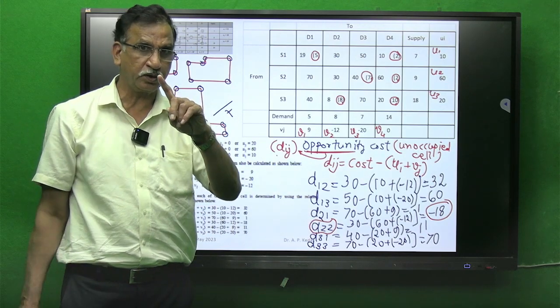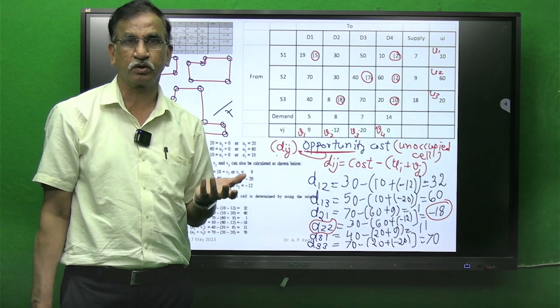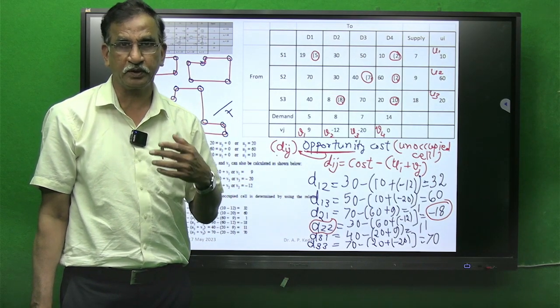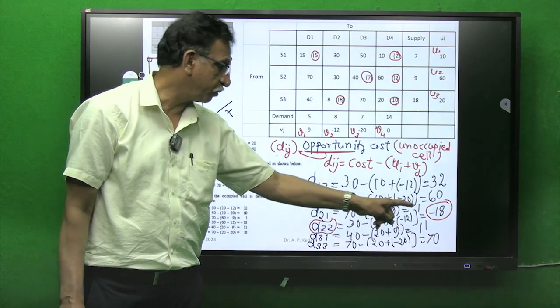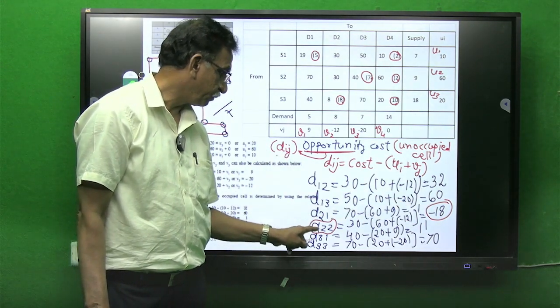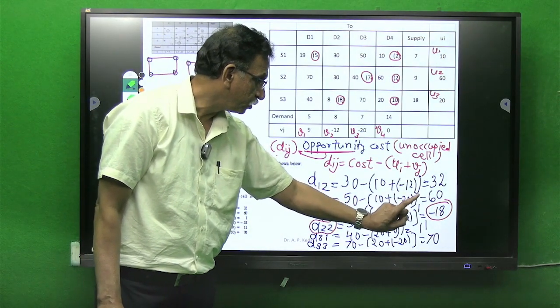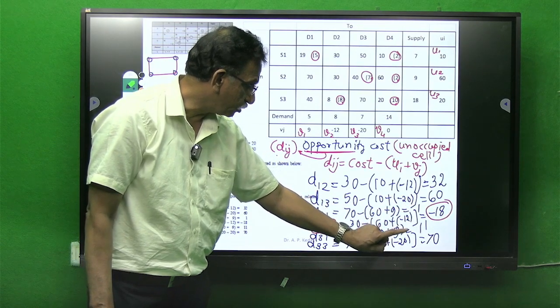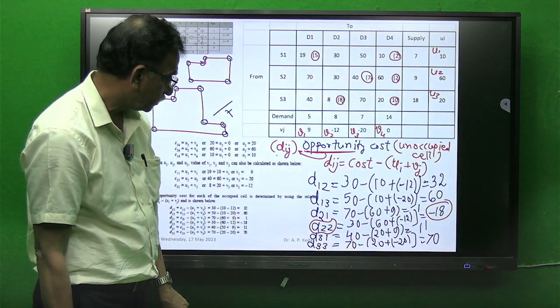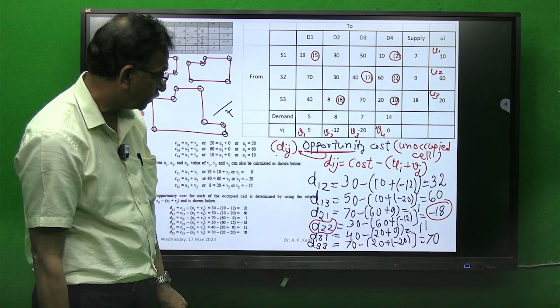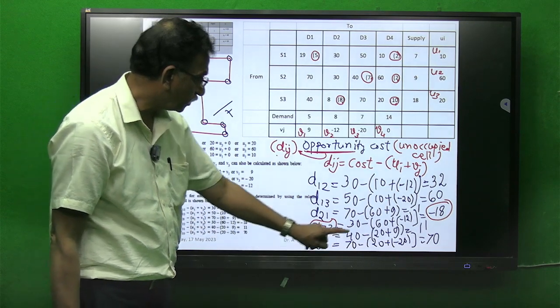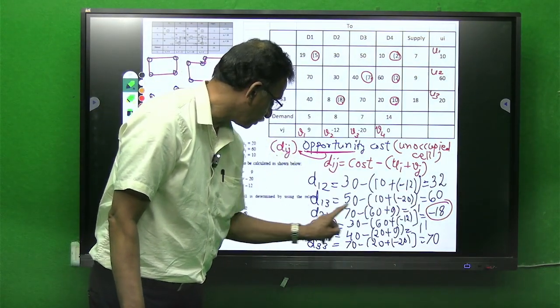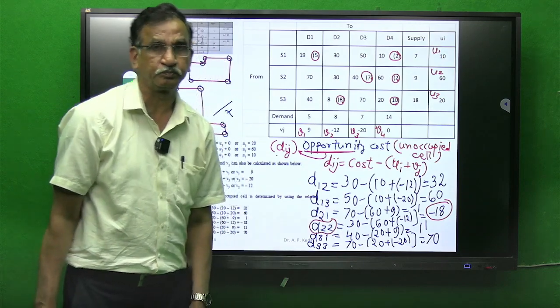Here we are having only one cell, so there is no question of tie, or any decision. We have to start loop from D22. Yes, it is 1, 2, 3, D22.